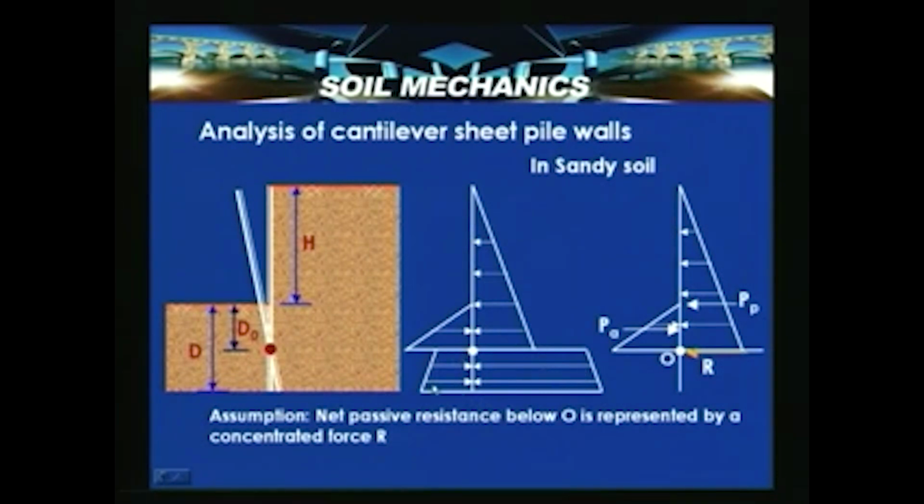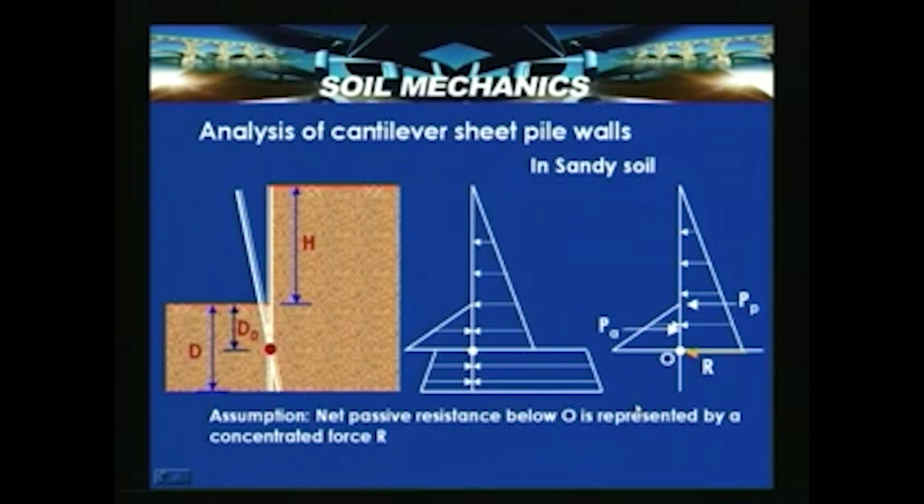The assumption here in the analysis of this cantilever sheet pile wall is that the net passive resistance below point O, that is the point of rotation, is represented by a concentrated force R, assumed to be applied just below this point O.